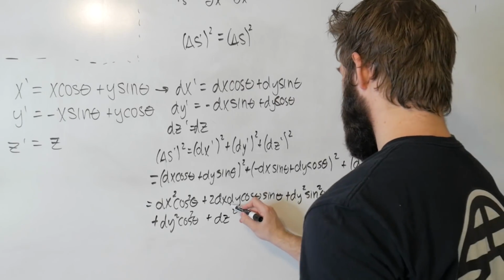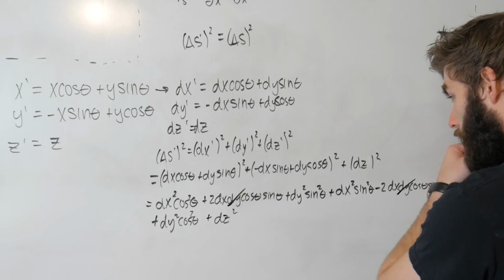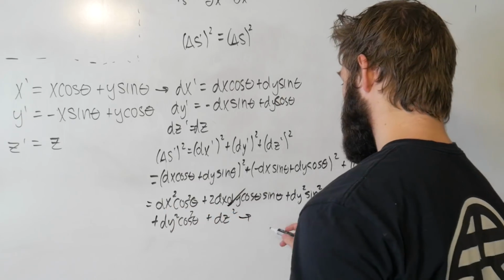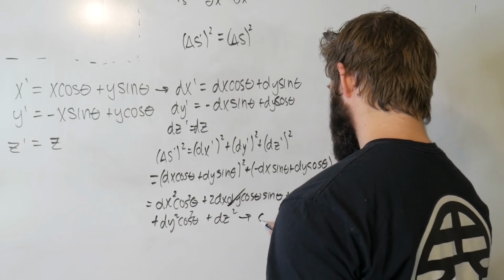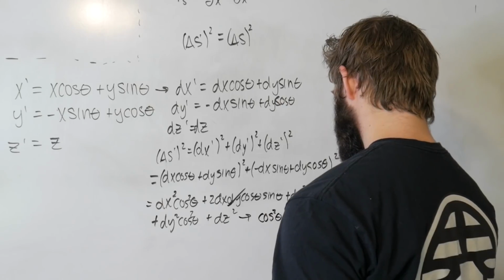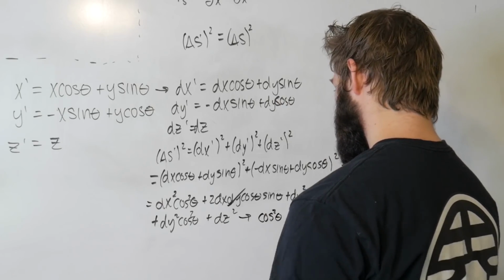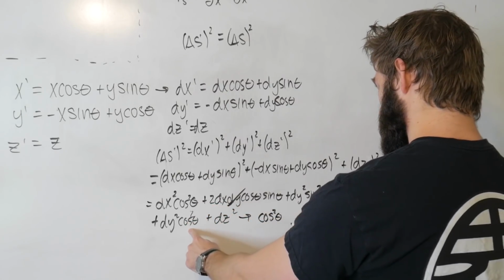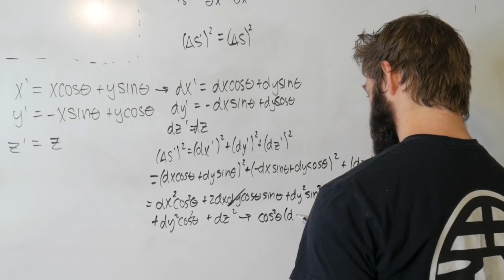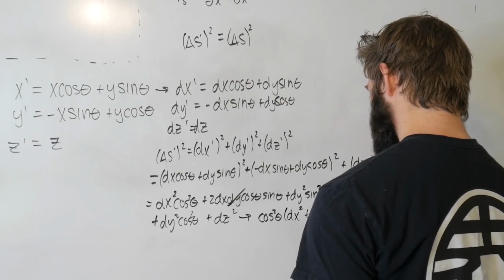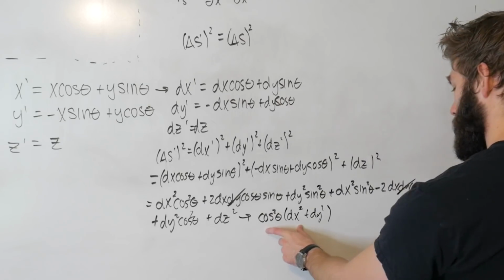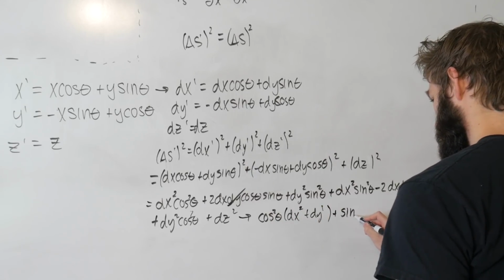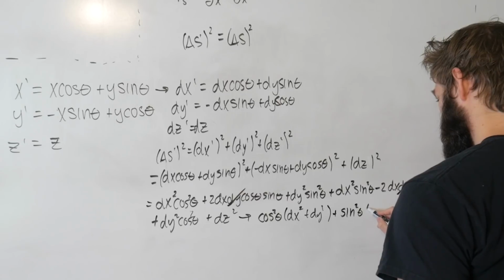Okay, right off the bat, these things cancel. We got a 2, a minus 2. Okay. So we got a dx squared. Let's factor out a cosine squared theta. If we factor out a cosine squared theta, we get dx squared plus dy squared. And then we can factor out a sine squared theta, and then we get the same thing.